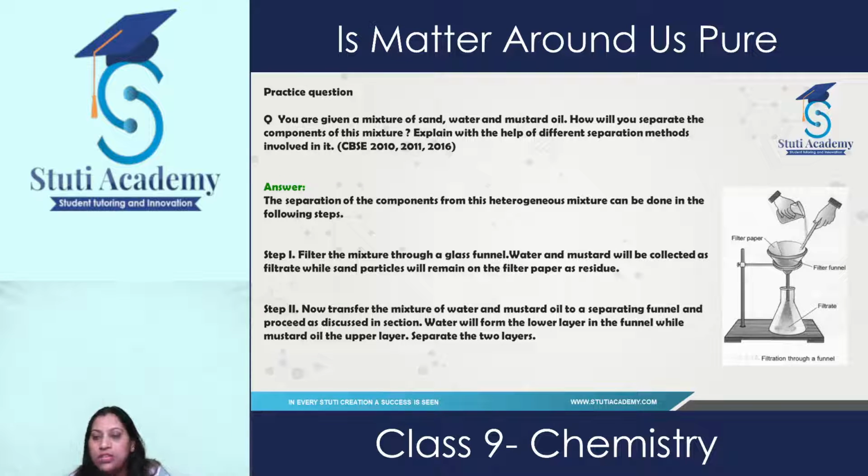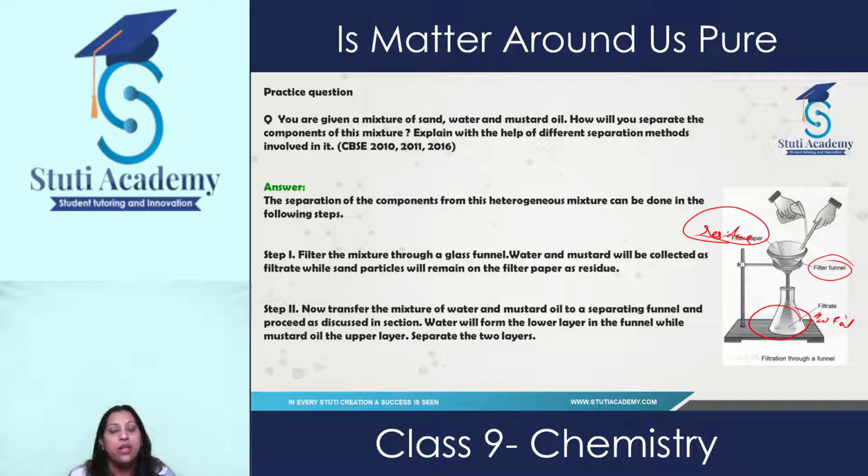By using this filter paper, when we pour the mixture, water and mustard oil will be collected as filtrate in this conical flask, and sand is left behind on the filter paper, which we also call residue.